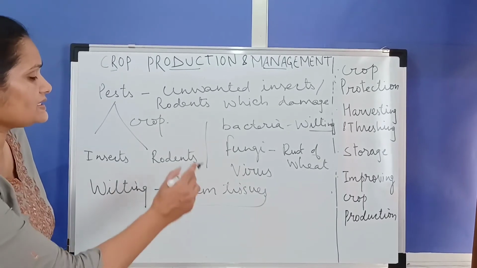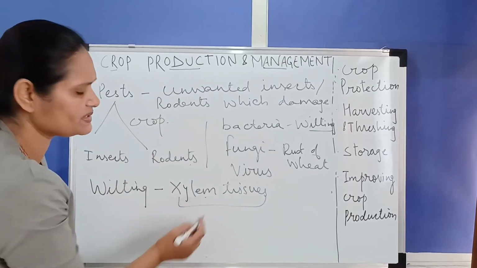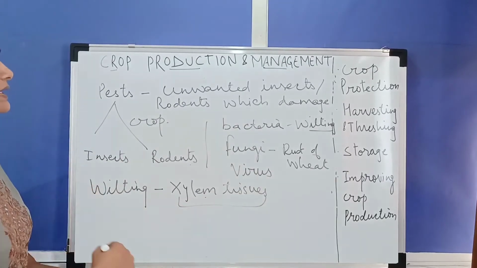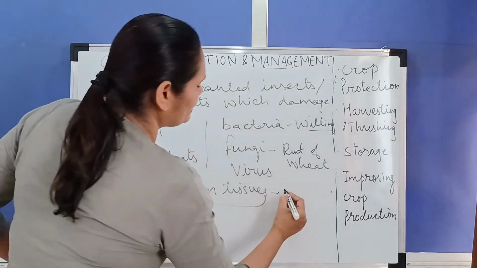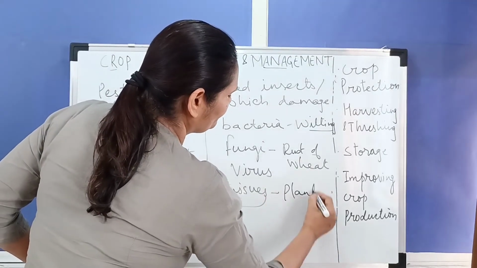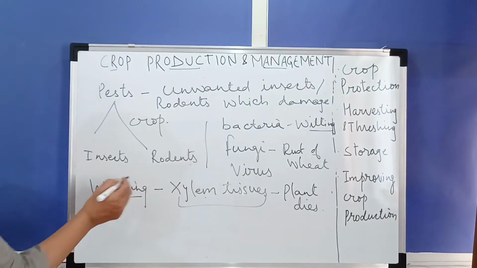Because xylem helps in conduction of water, as it is blocked by the bacteria, the conduction of water is hampered, and thus ultimately the plant dies. So this is how wilting affects.